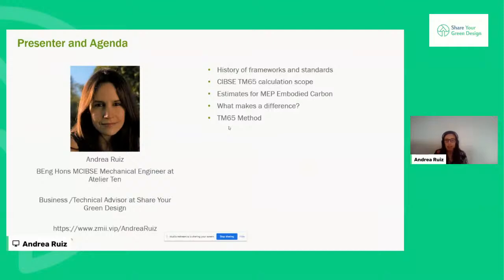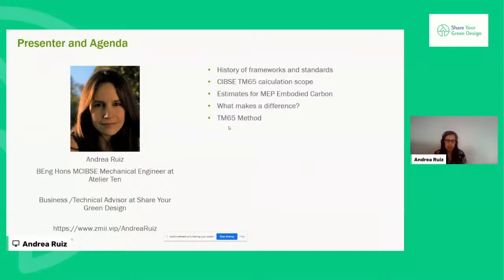The agenda for this presentation is to give you a history of the frameworks that we have seen in the UK, as I am currently working from the UK. But please keep in mind that the intention is to see the approach of how this needs to be developed all throughout the world on international projects.